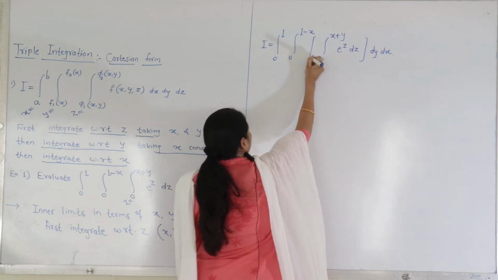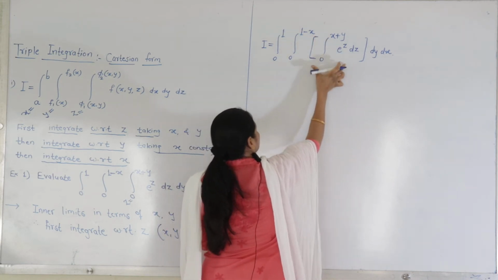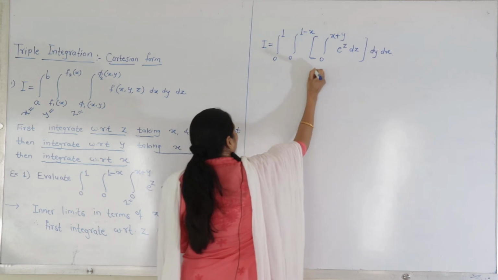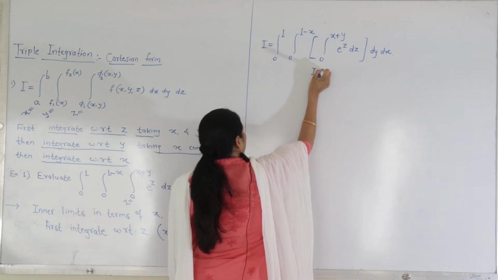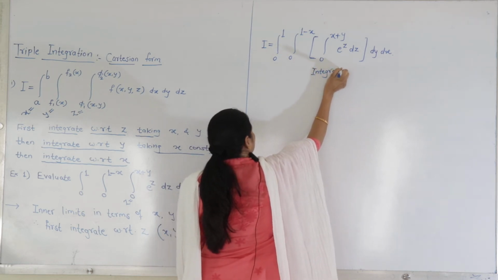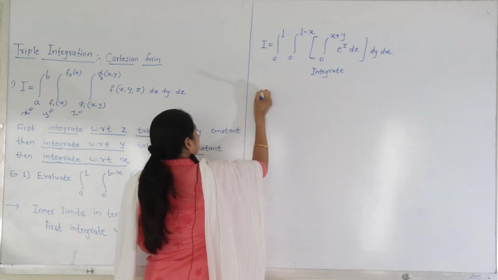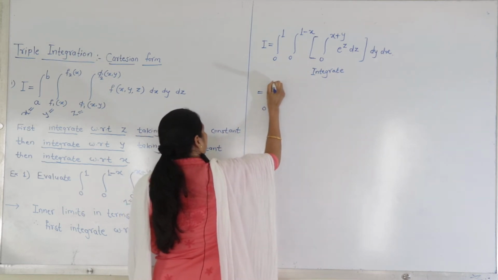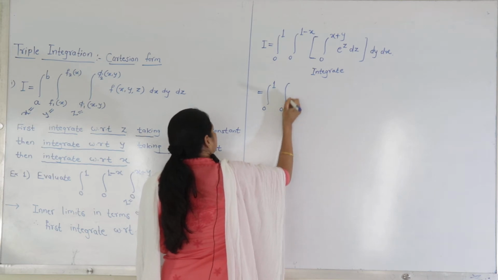Now only integrate this term which is in the bracket first. For this bracket only integrate with respect to z. Integration 0 to 1, then 0 to 1 minus x as it is.